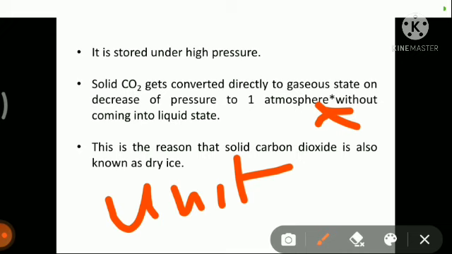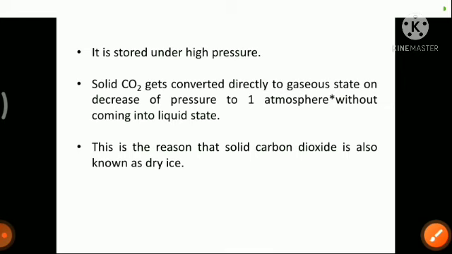So if the pressure at which dry ice is formed is reduced, the solid carbon dioxide directly converts into gas without going into its liquid state. Due to this, solid carbon dioxide is known as dry ice. So this is all about dry ice in your book.